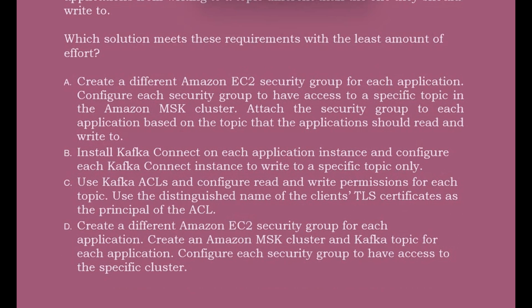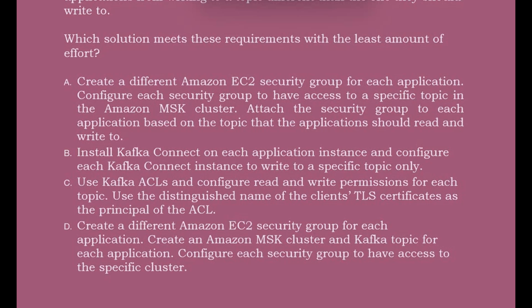Option A, create a different Amazon EC2 security group for each application. Configure each security group to have access to a specific topic in the Amazon MSK cluster. Attach the security group to each application based on the topic that the applications should read and write to.